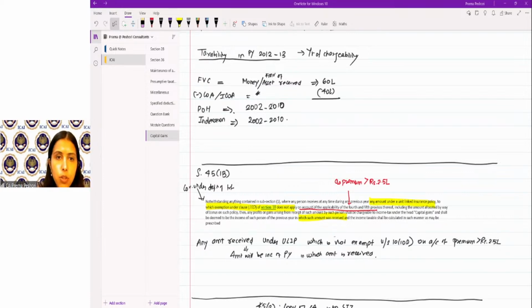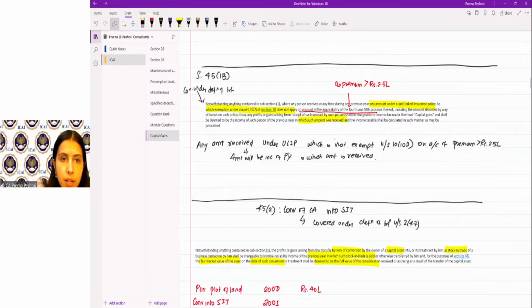Now, there is a notification which has been issued here. You can write it down. This is the amendment. So CBDT has notified Rule 8AD to compute capital gains on the ULIP.